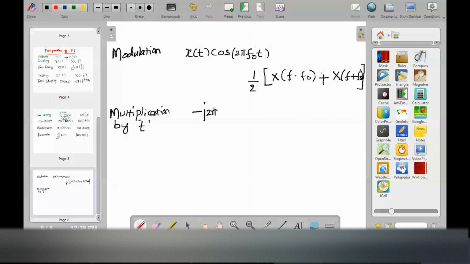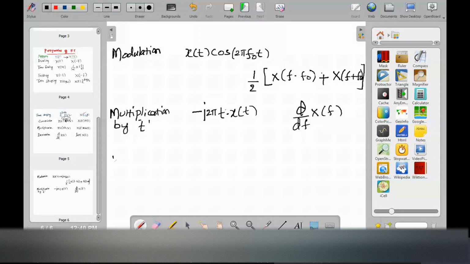If this parameter t is multiplied in the time domain, in the frequency domain it is going to be a differentiation, d by df of X of f. We have seen one more property there: if I differentiate x of t in the time domain, it is multiplying by j 2 pi f in the frequency domain. It is similar, this multiplication property.